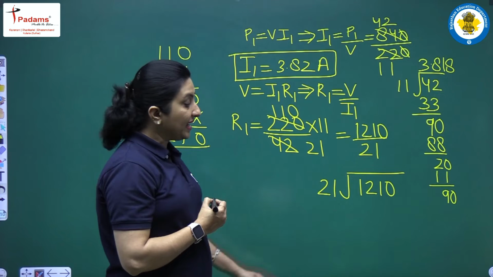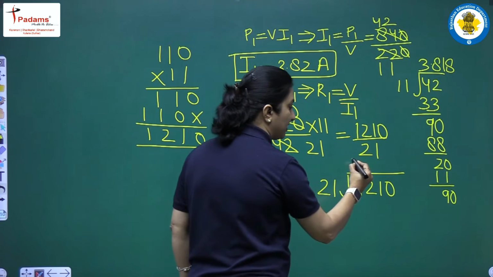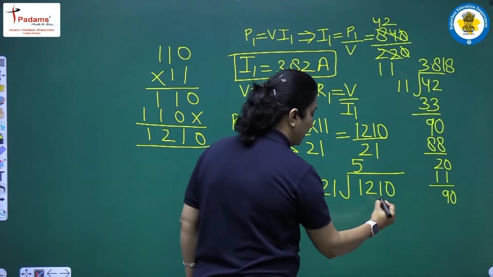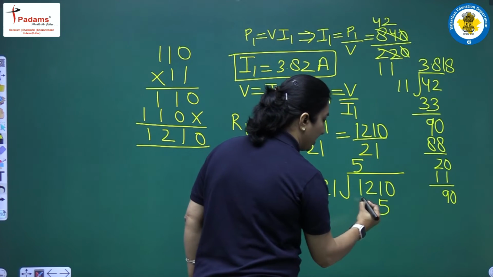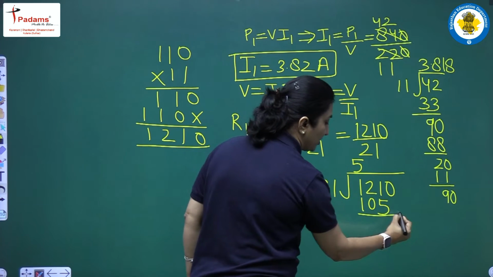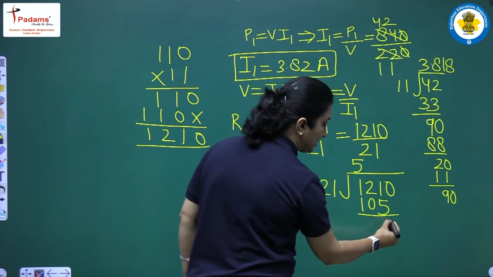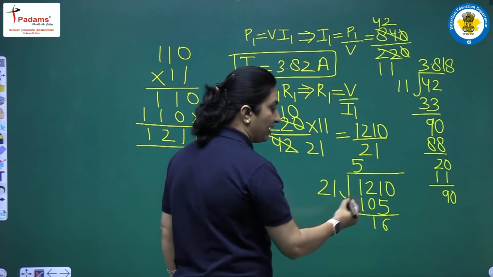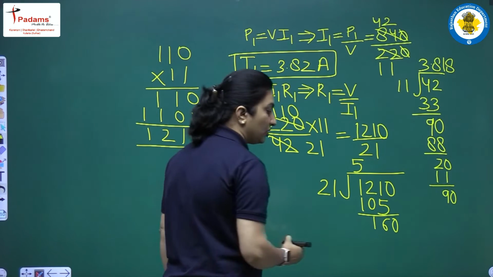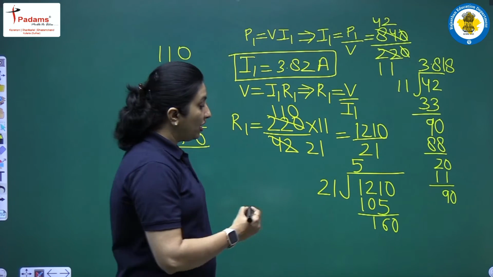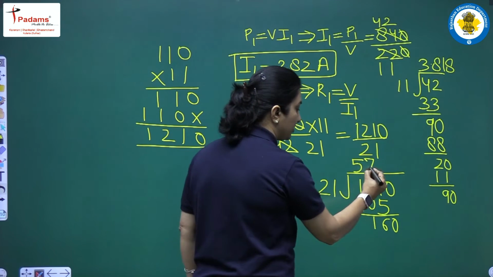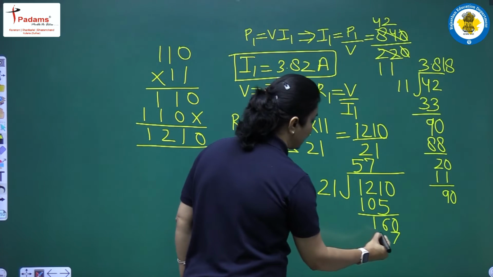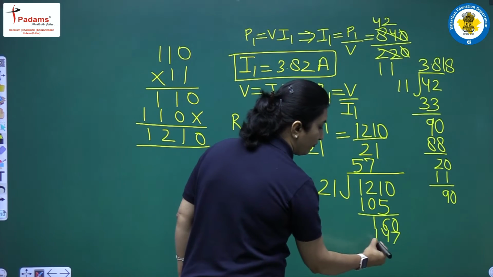When I divide 1210 by 21, I can take 21 5s are, so 5 1s are 5 and 5 2s are 10. So I'll be left with a 16 over here, and then I have a 0. So I'll take a 0. Now this will go 7 times. So 7 1s are 7 and 7 2s are 14.